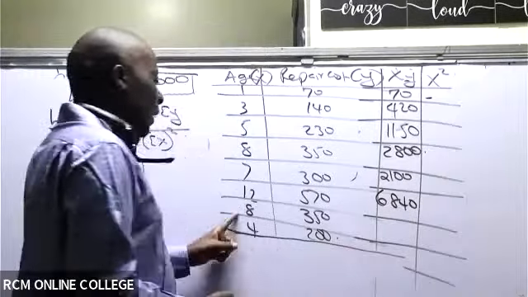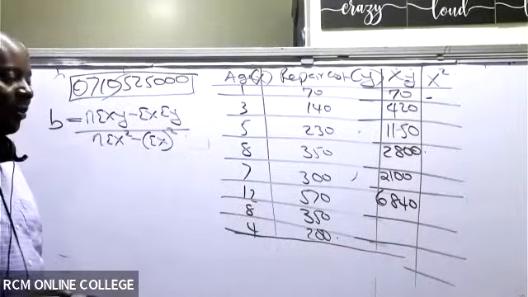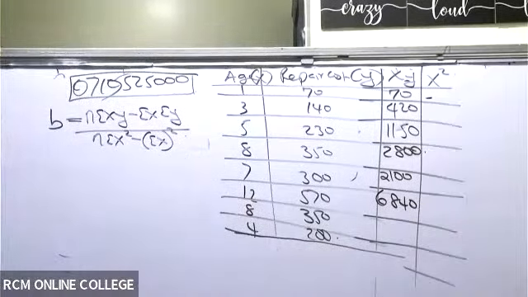Then we have 8 times 350. What do we have here? 8 times 350. Most gentlemen are not participating, which is very sad.